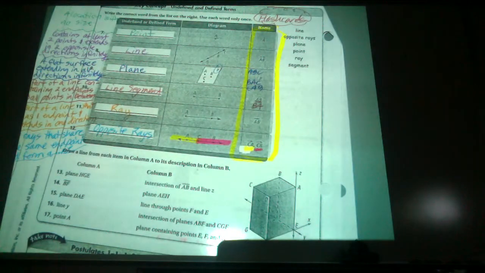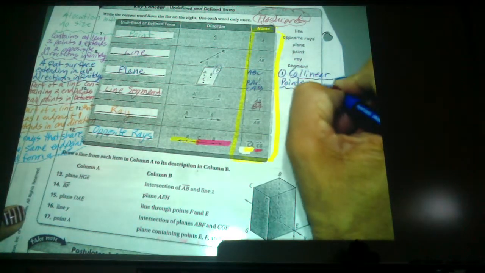Then there's some additional vocabulary I want you to write off to the right side. So one of the things we're going to talk about is called collinear points. Co meaning with, linear meaning line.